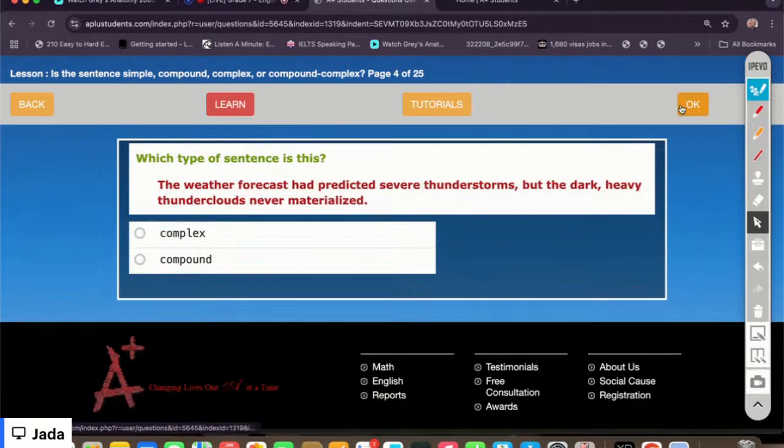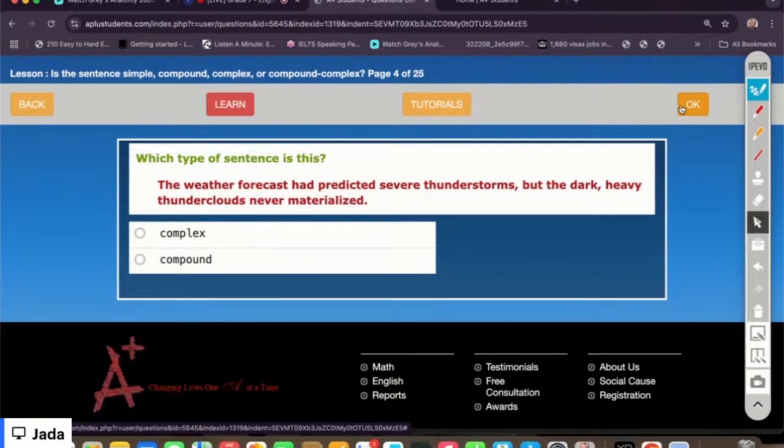Which type of sentence is this? "The weather forecast had predicted severe thunderstorms, but the dark, heavy thunderclouds never materialized." So, what kind of sentence is this? Is this going to be a complex sentence or a compound sentence?